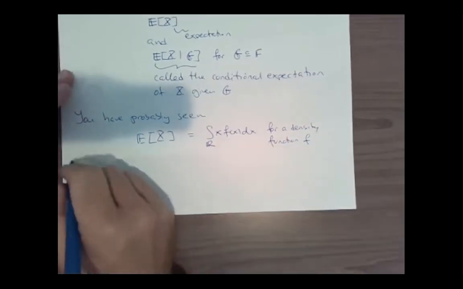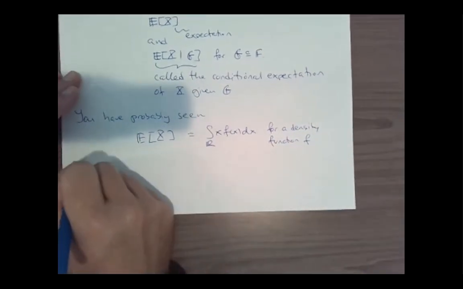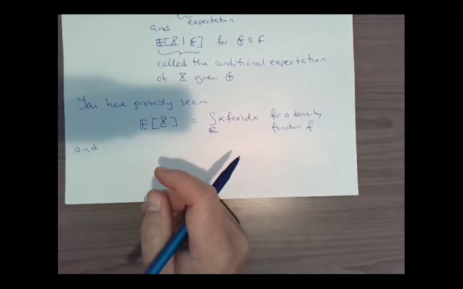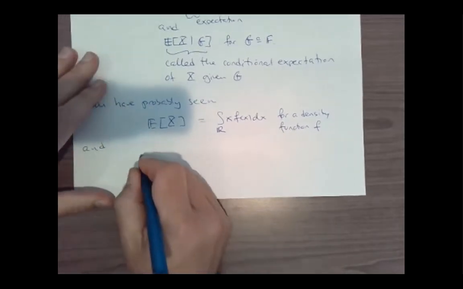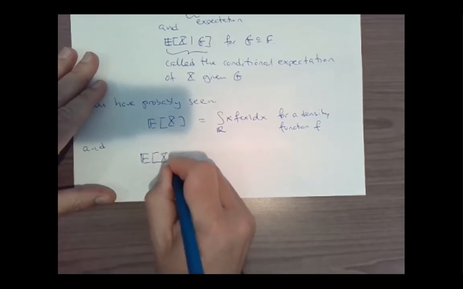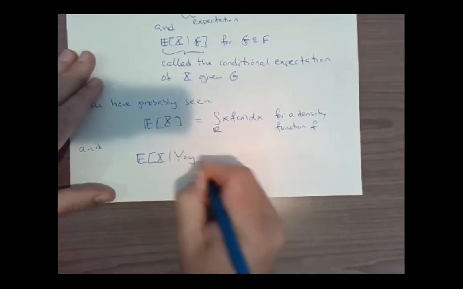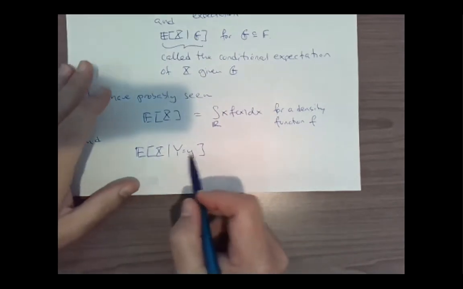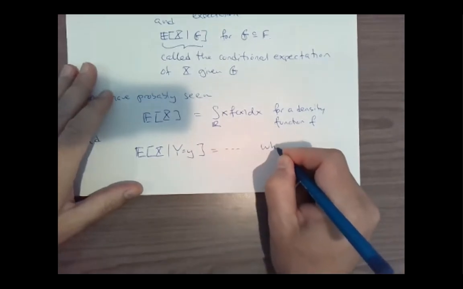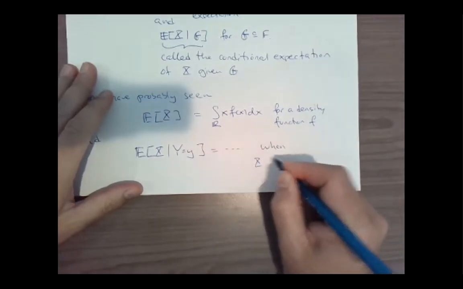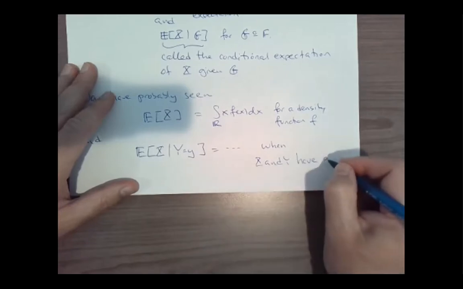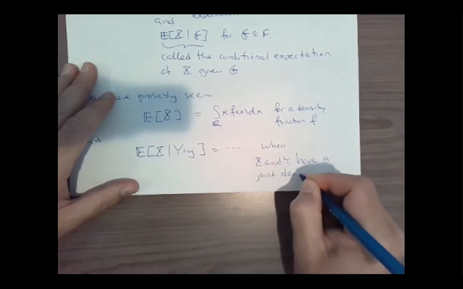You've also probably seen that if you are to compute a conditional expectation of X given Y equal to y, there's a formula when X and Y have a joint density.